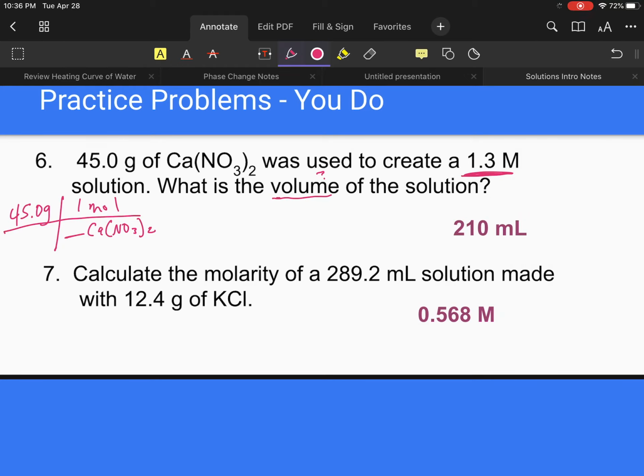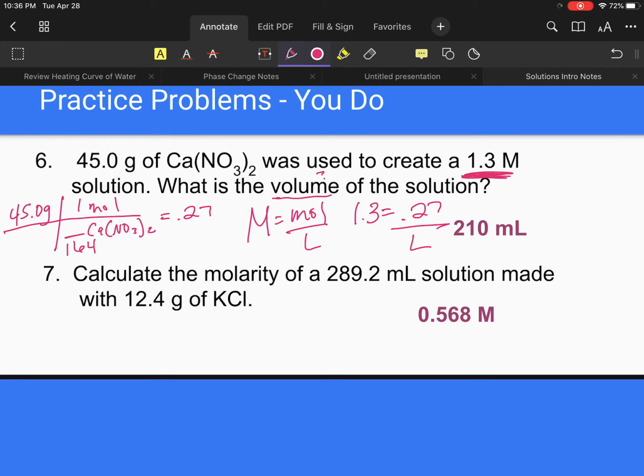Oxygen is 16, but there's 6 of them. Comes out to be 164. So when I divide, I get about 0.27. So if I'm looking at this formula, moles over liter, I can plug in 1.3, that's my molarity, equals 0.27 moles, and I'm looking for liters.